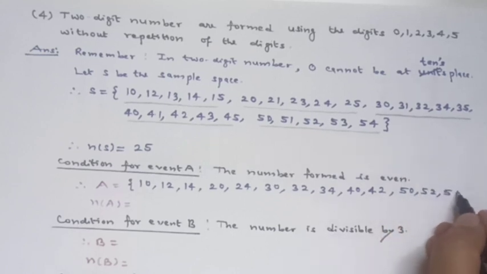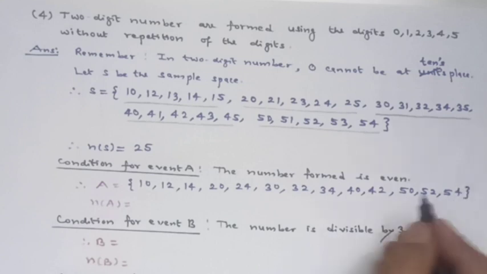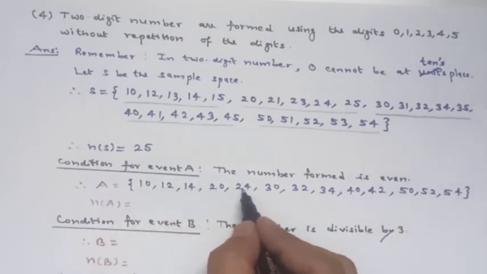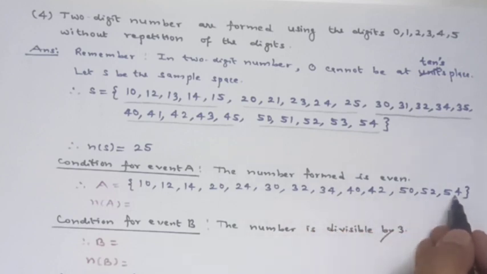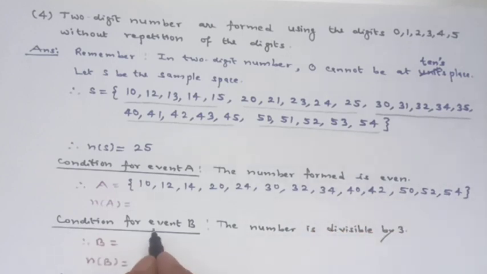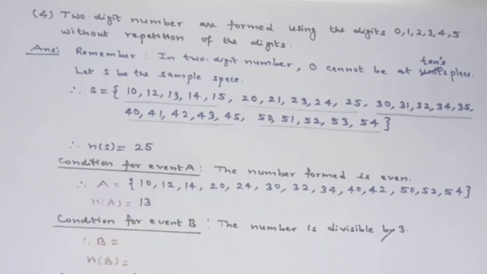These are the numbers which are possible. Let's count 1, 2, 3, 4, 5, 6, 7, 8, 9, 10, 11, 12, 13. So there are 13 numbers. So NA 13.